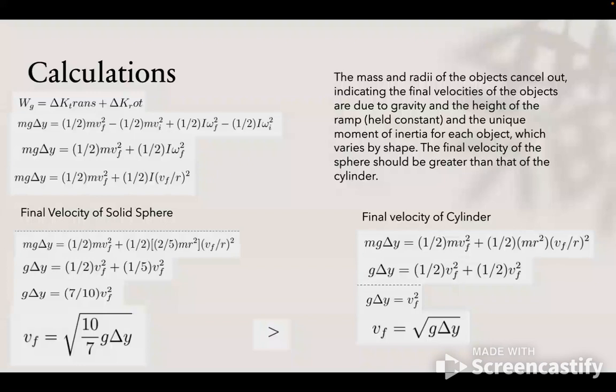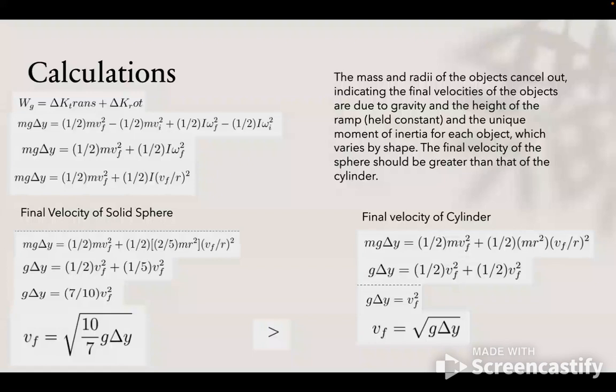Okay, so then we use this to find the final velocity of both the solid sphere and the cylinder. You just have to plug in the different moments of inertia for each object. When we work the calculations, the mass and also the radii of both objects end up canceling out, showing that the three factors that determine the final velocity are gravity, the change in height, and the coefficient for the moment of inertia in front of the mr squared.